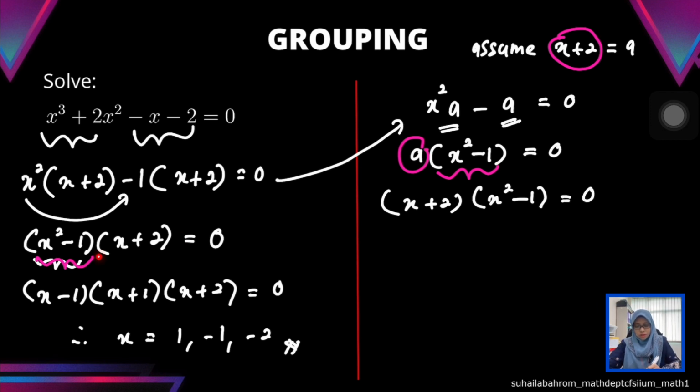Earlier I just directly put it in factor form. To be clear, it's actually x squared times a minus a. When you factor out a, you get back x plus 2 times x squared minus 1. So we have three factors here, and therefore we have three solutions.